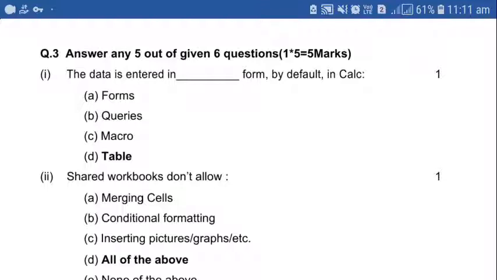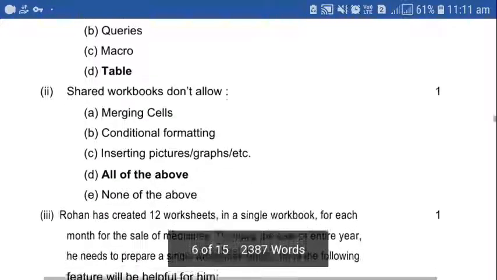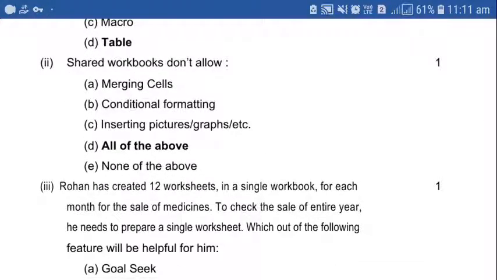Question number 1, the data is entered in dash form by default in Calc. Answer is table. Question number 2, shared workbook doesn't allow what? Merging cell, conditional formatting, inserting picture and graphics, all of the above and none of the above. The right answer is all of the above.